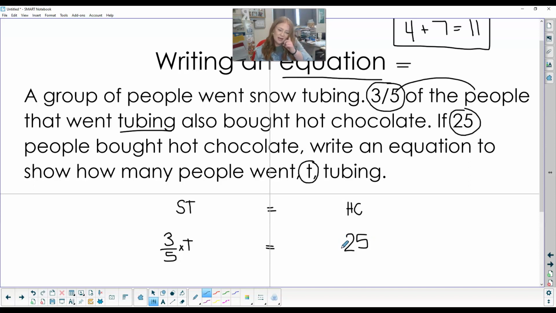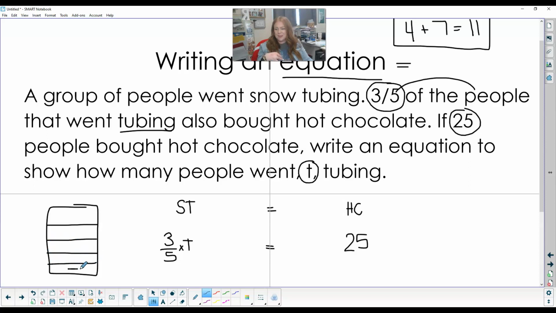One thing I know is that the people that bought hot chocolate is less. There's a bunch of people that went tubing, here's my people that went tubing, 100% of these people. But only 1, 2, 3, only these 3/5 bought hot chocolate.